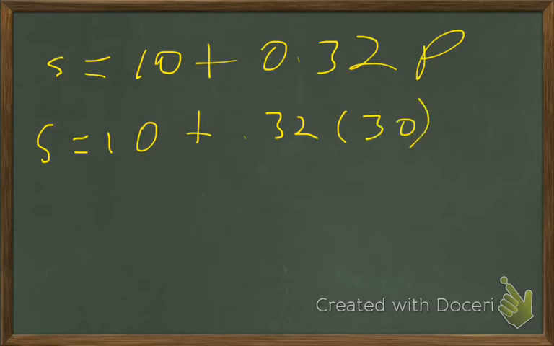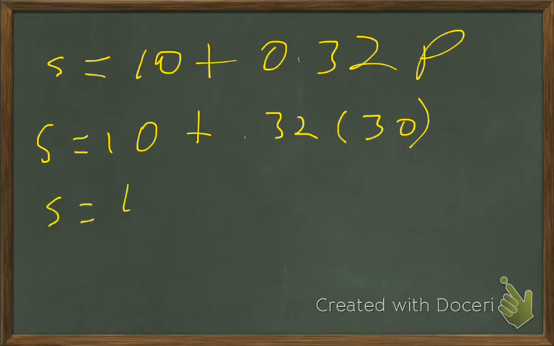Remember, this equation comes from when we plug things into the calculator. Once again, I don't have that calculator, so if you are unsure how this works, you might want to ask me before we take the test. So 0.32 times 30 ends up being 9.6.